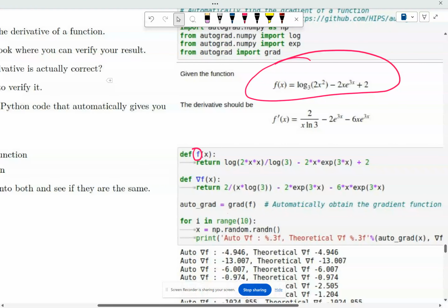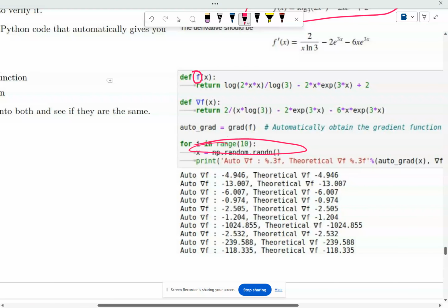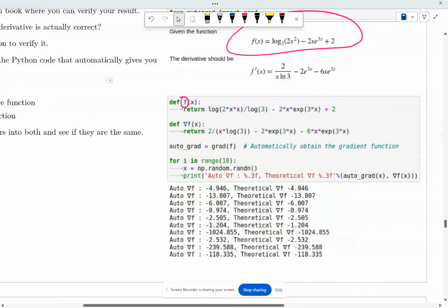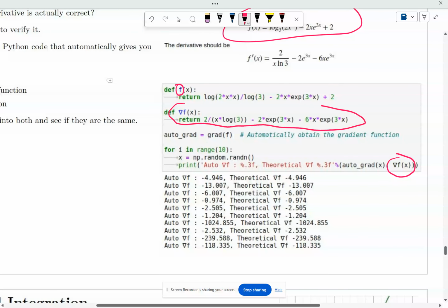It doesn't tell you the function, but it tells you, if you plug some x in, what the result is. So you can randomly generate a bunch of numbers and then compare the result of your derivative with the derivative according to Python, right? And therefore, the output should be identical.